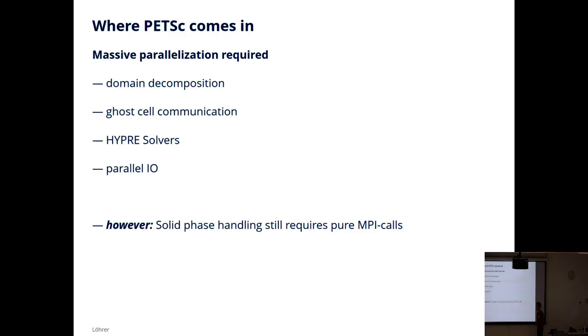We currently only use hypre solvers, but these too are provided by PETSc, so that is an advantage of using PETSc. And we do parallel file writing and reading using PETSc. The solid phases are, however, handled using pure MPI calls at this point.